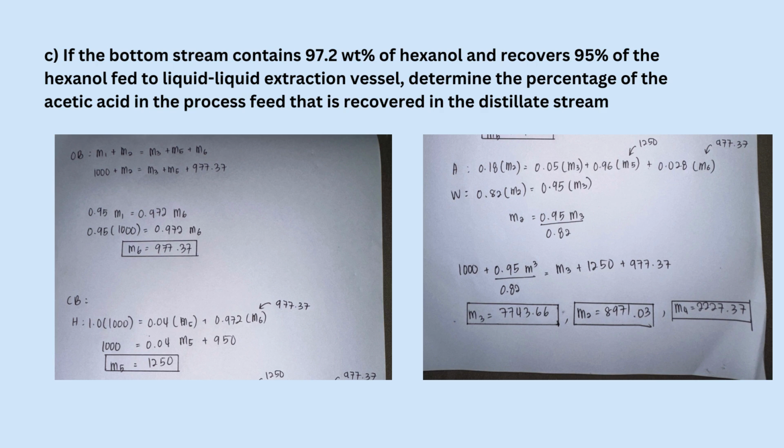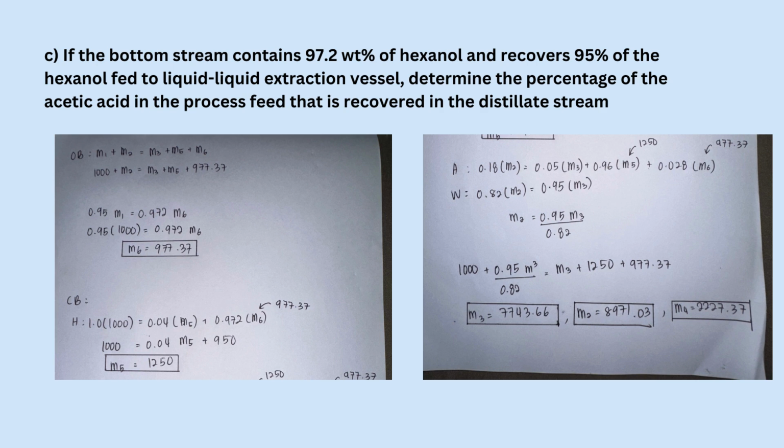For A, we can calculate 0.18 times M2 equal to 0.05 times M3 plus 0.96 times M5 plus 0.028 times M6. M5 we can substitute equal to 1250 and M6 we can substitute with 977.37.